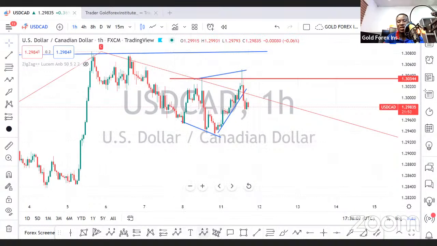Let me show you guys something. I always show you guys this thing. Types of Elliott wave flat correction.